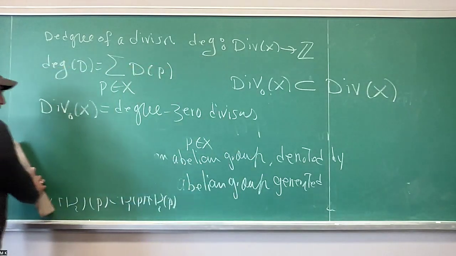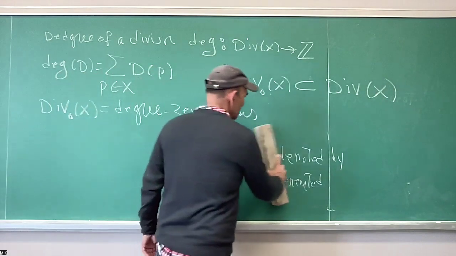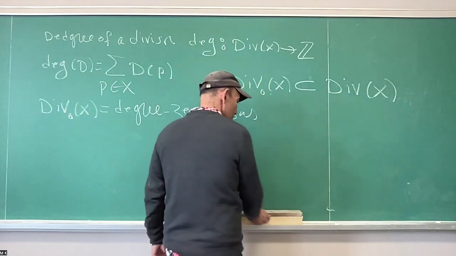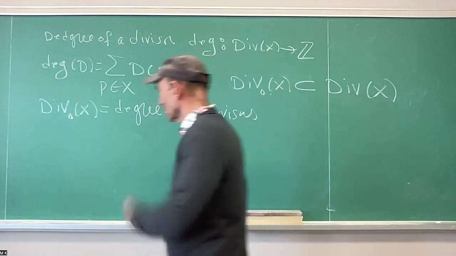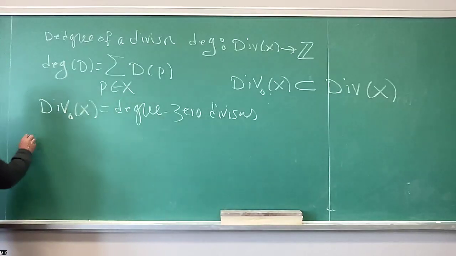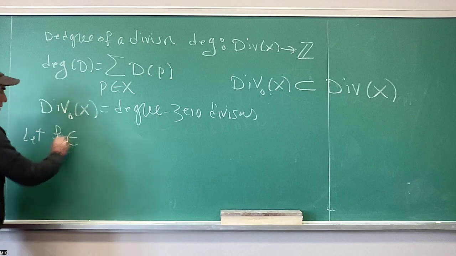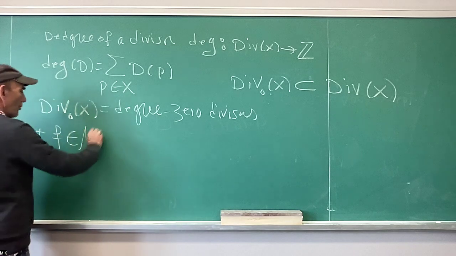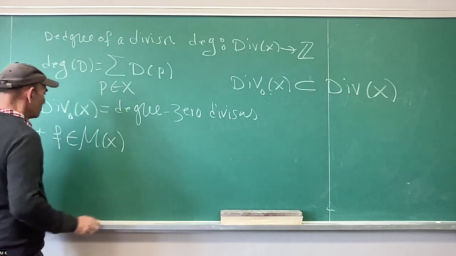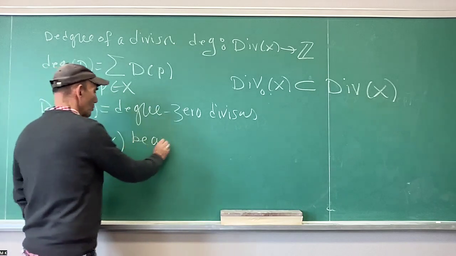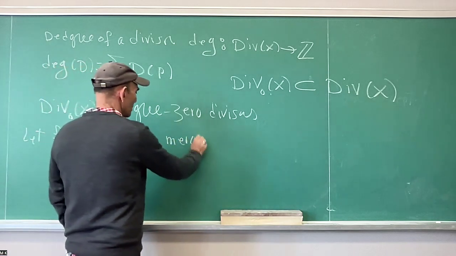So let's define the principal divisors. Let f belonging to M of X be a meromorphic function.